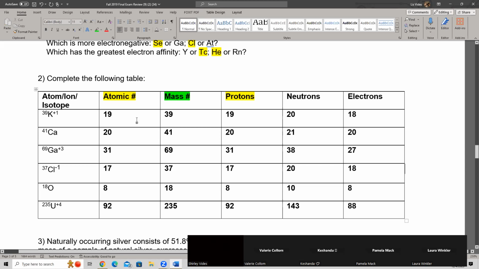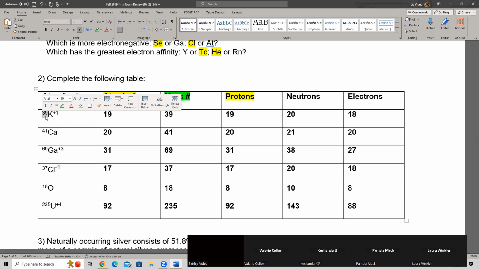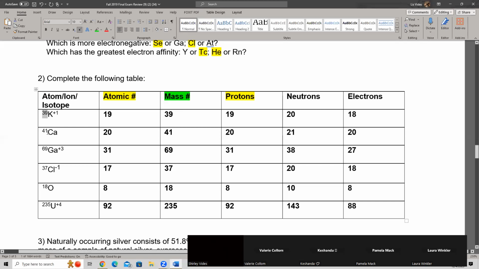And now if you were asked whether it was an isotope or an ion, remember, isotopes are different from the periodic table. So this right here is the same as the periodic table, so no, it's not an isotope. This calcium is 40 normally, so 41 would be an isotope.